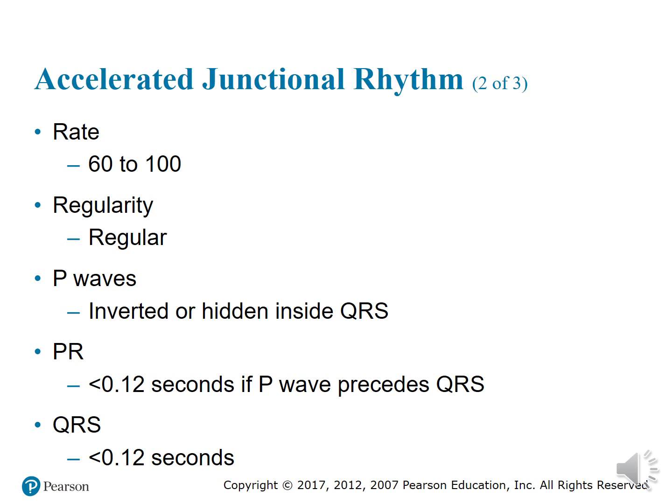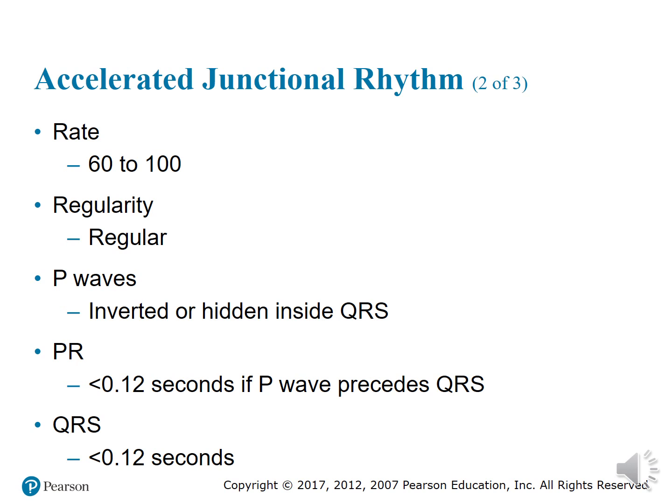Regularity is regular because it is pulsating at a steady, consistent beat. Your P waves may be inverted or hidden inside your QRS, if there are any P's. If a P precedes the QRS, your PR interval will be less than or equal to 0.12 seconds.